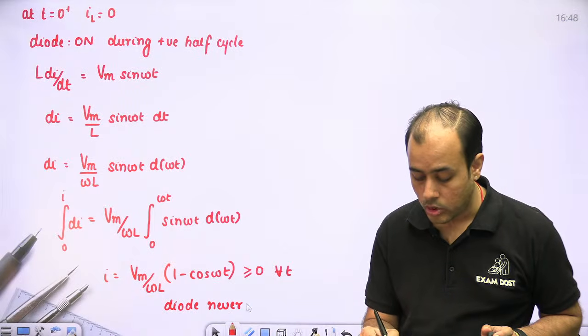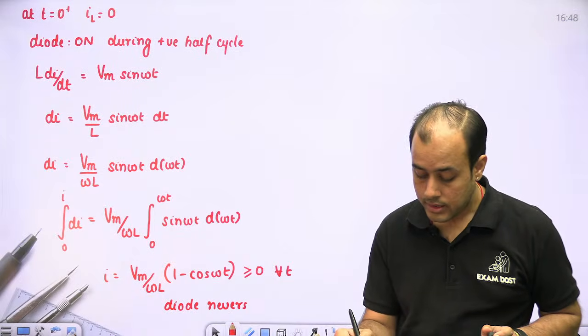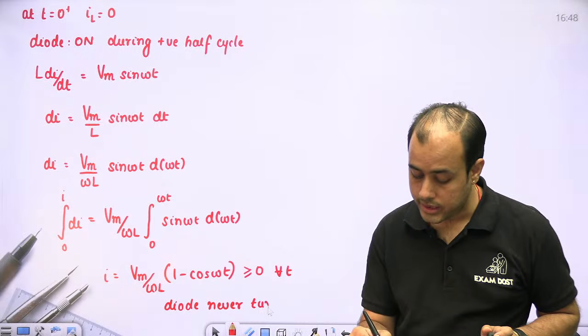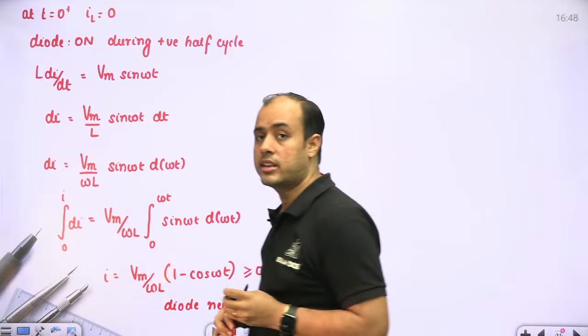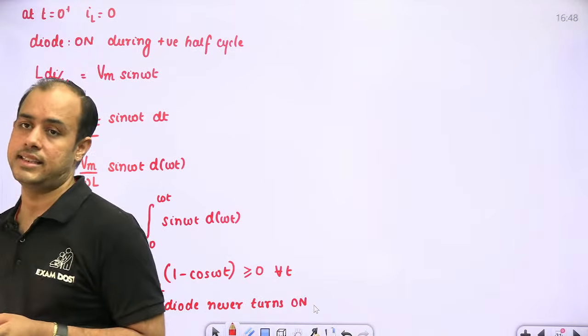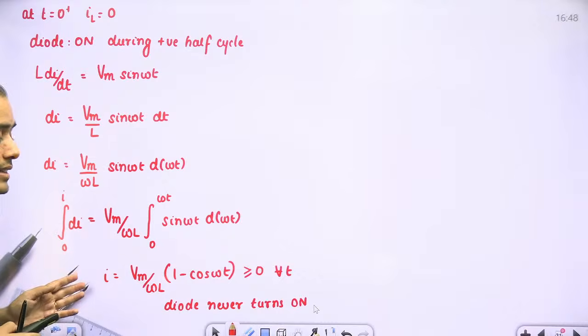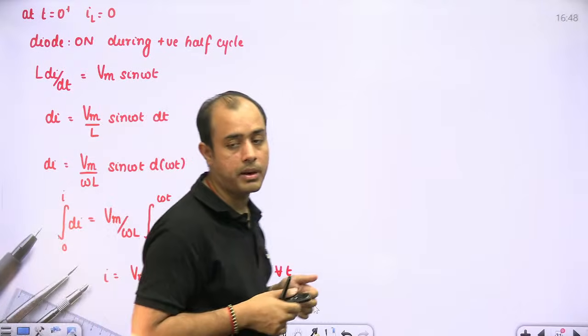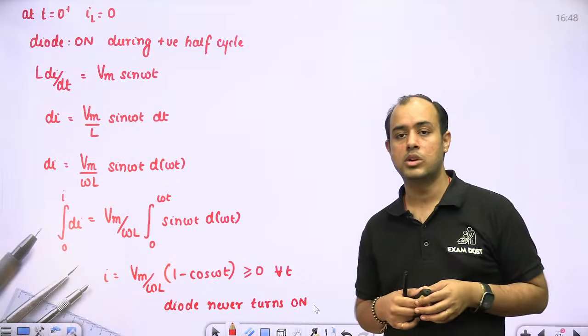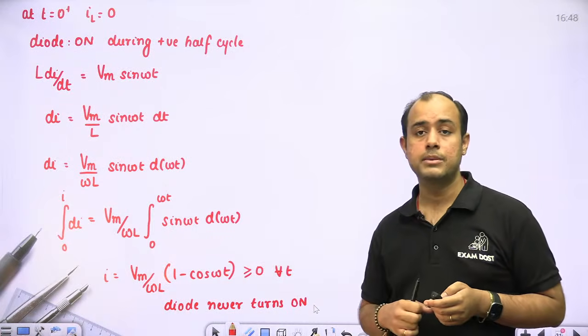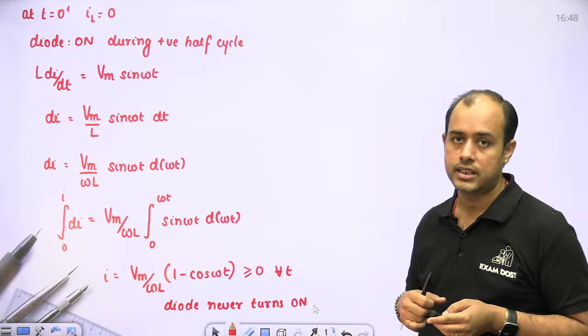In power electronics, beta, whenever there is an inductor involved, you have to see the current for turn off of a diode or an SCR. जहां भी कहीं इंडक्टर आ जाता है ना, वहां पे करंट के आधार पे बात करनी है कि SCR बंद कब होगा या डायोड बंद कब होगा. So because current never becomes zero or negative, the diode never turns off.